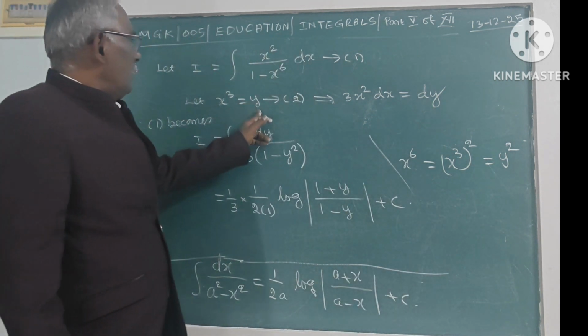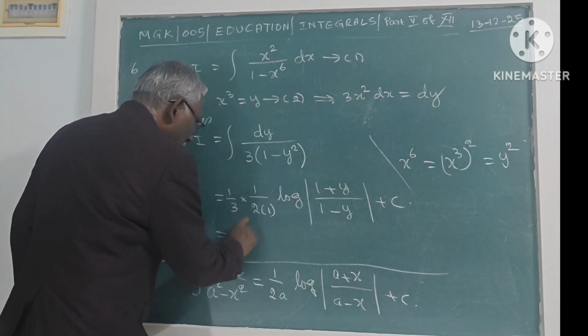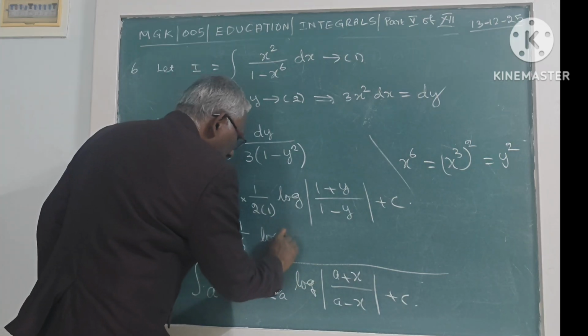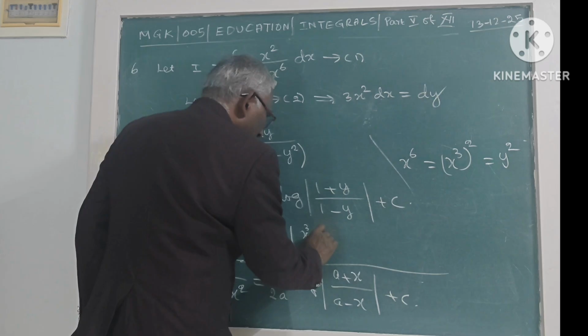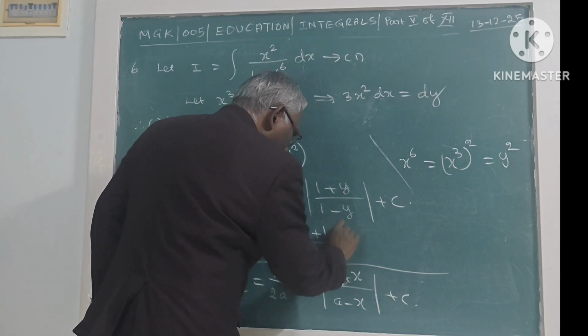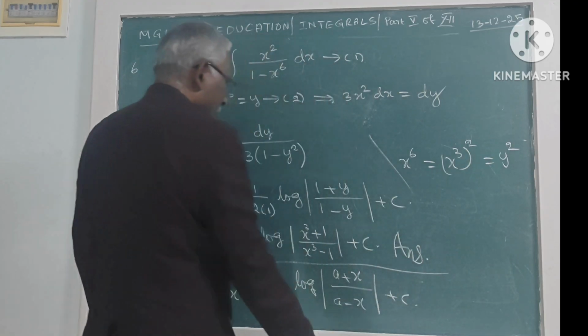But what is y? y is nothing but x cube. So we can write this as 1 by 6 times log of x cube plus 1 by x cube minus 1 plus constant. So this is the answer.